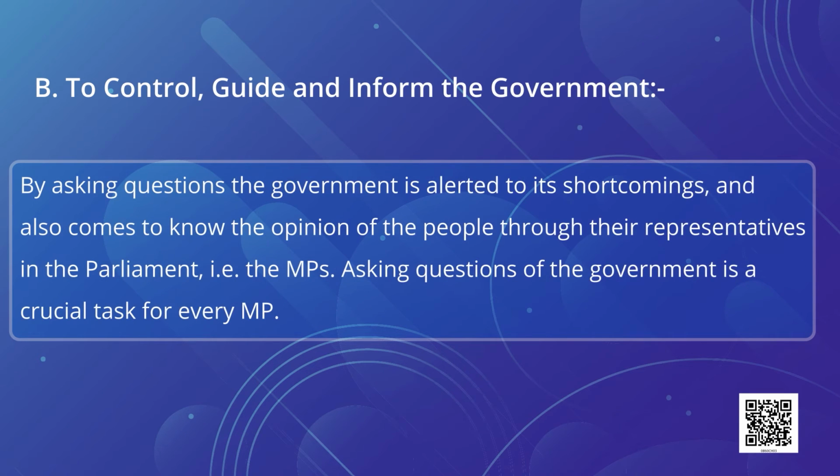By asking questions, the government is alerted to its shortcomings and also comes to know the opinion of the people through their representatives in the Parliament. That is, the MPs asking questions of government is a crucial task for every MP.